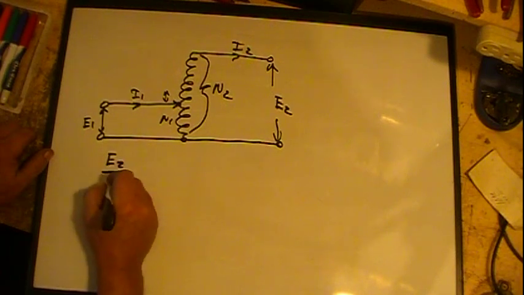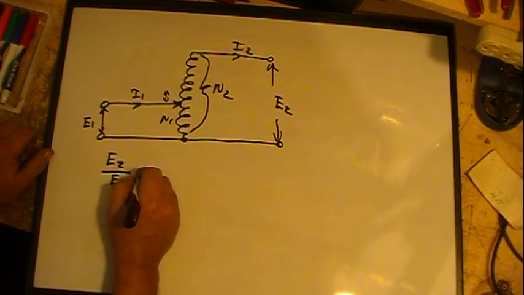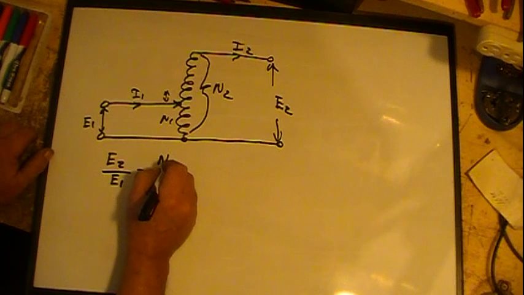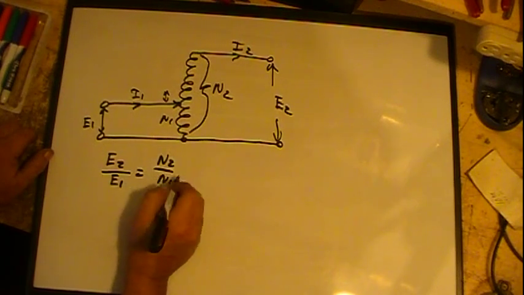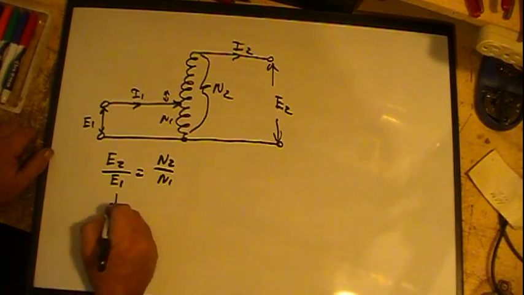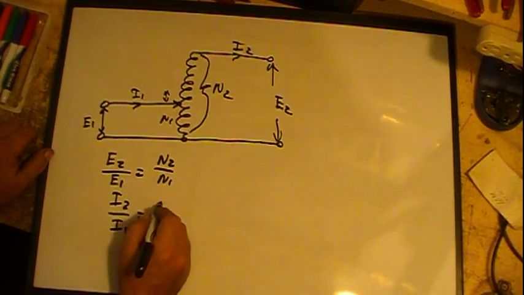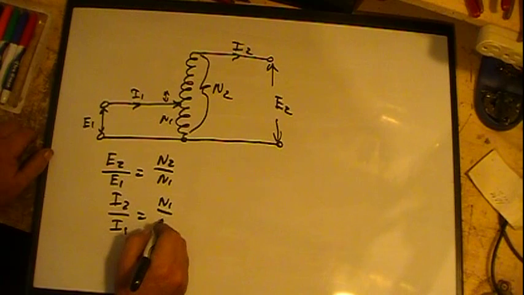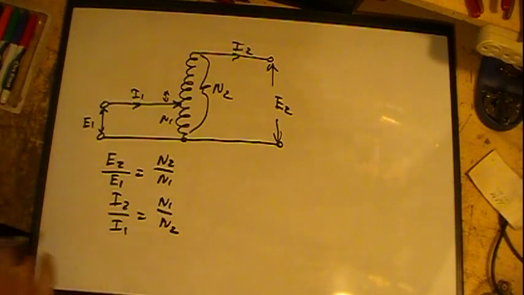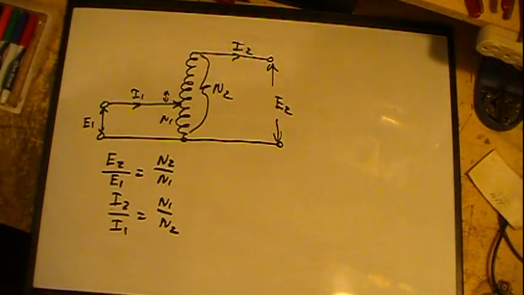E2 to E1 equals N2 to N1. I2 to I1 equals N1 to N2. Same thing as the double wound, no difference.